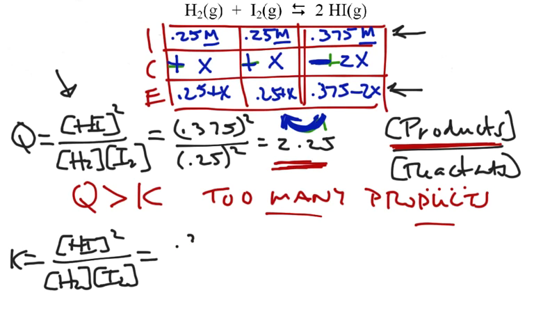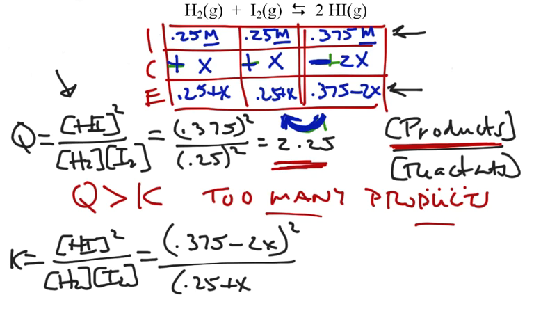So I have 0.375 minus 2X squared over 0.25 plus X times 0.25 plus X, so that's going to be 0.25 plus X squared, and that equals 2.0 times 10 to the negative 2.